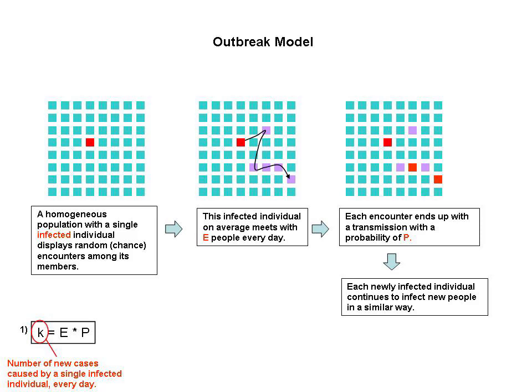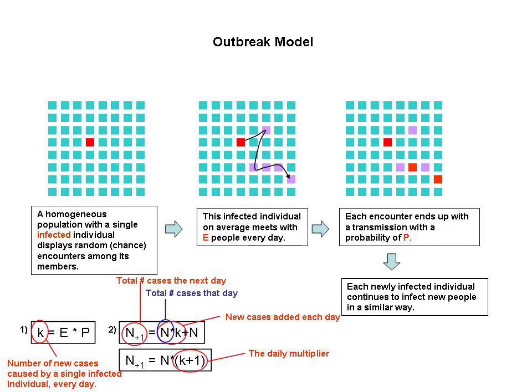That's why the number of new cases every day increases with the number of infected people. So as you can see, what we can write down is that the next day the number of infected people, n plus 1, is equal to the number of infections that day, which is basically n times k.